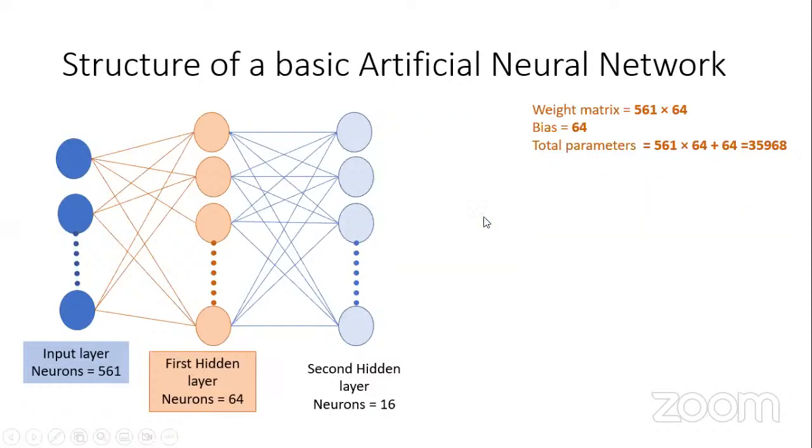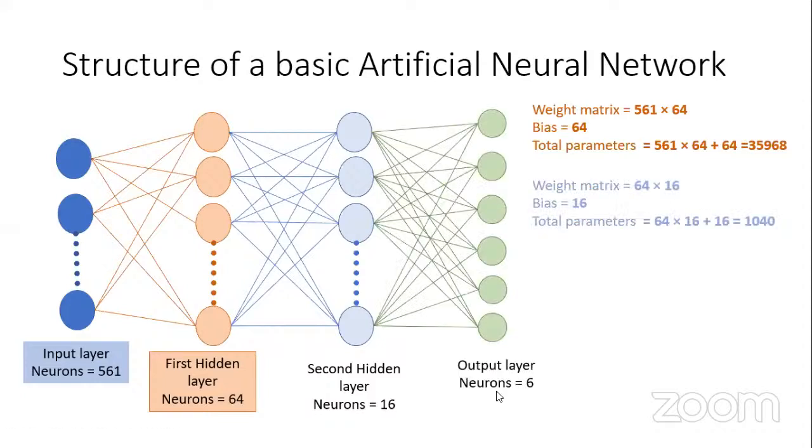Now we will have the output layer. There are a total of 6 activities, that means you have 6 classes. That's why the output layer will have 6 neurons. Suppose you have to classify the data into 10 categories, the output layer will have 10 neurons. Here the weight matrix will be of size 16 cross 6.